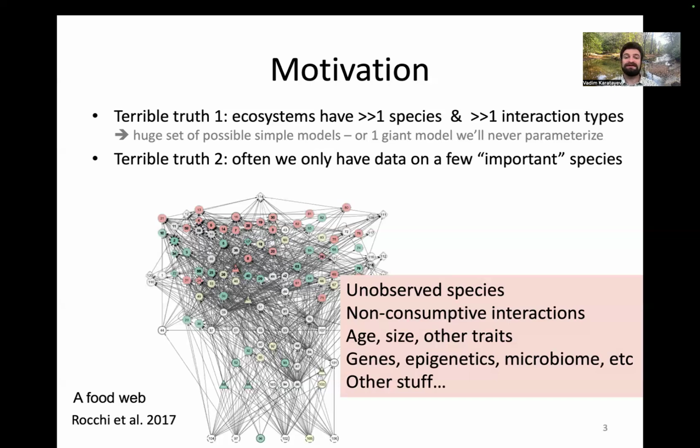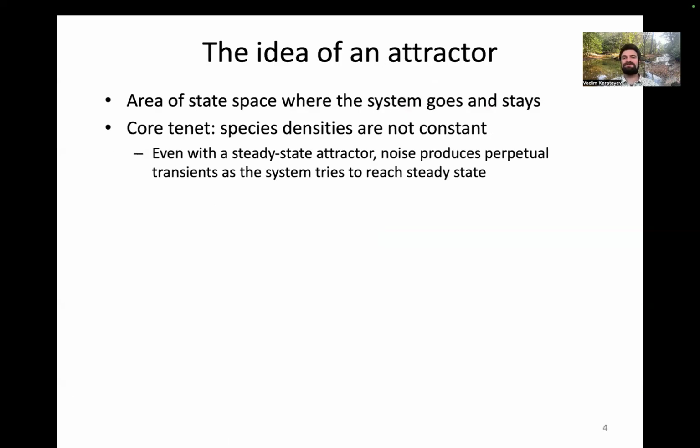When we're talking about dynamics, we usually only have data on a few species that we deem to be important for some reason. Okay, so the way we're going to go about analyzing a time series from an ecosystem is that we're going to assume that there's some kind of attractor. An attractor is just an area of state space in our ecosystem, an area in the coordinates where the system tends to approach and it tends to stay there once it gets there.